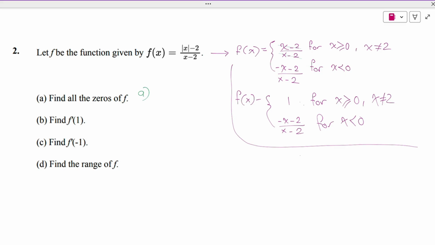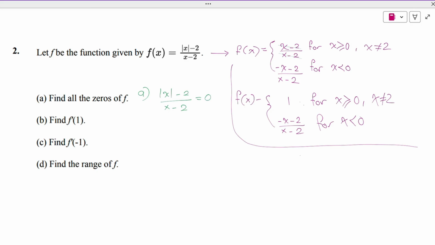All the zeros of f. What does that mean? We need to set the function equals to 0 and solve it. So if you set the function equals to 0, okay, and solve for x, you know that the denominator cannot be 0, because if the denominator is 0, it will be undefined.